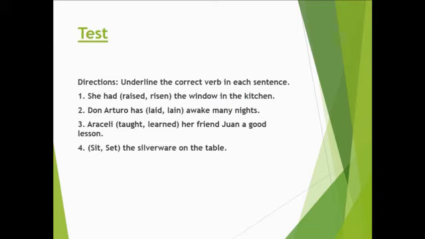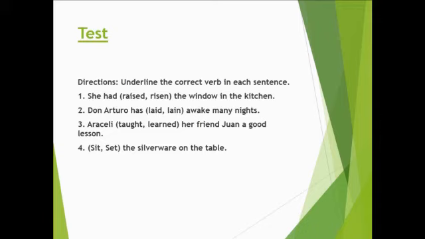Question number 2: Don Arturo has laid or lain awake many nights?